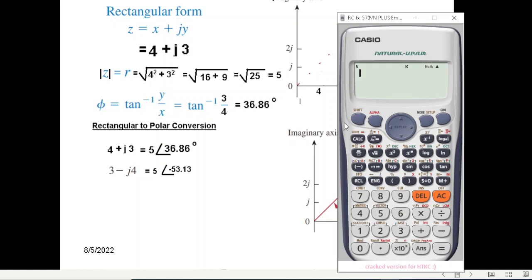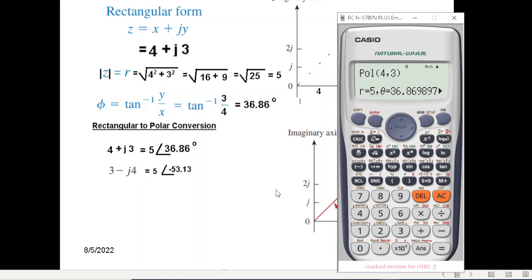Shift. Then we want to convert this into polar. So polar. Now we'll write 4 plus j3 as 4, shift comma, 3, bracket, equal sign. So the value will be r 5, so this is 5 and angle 36.86.